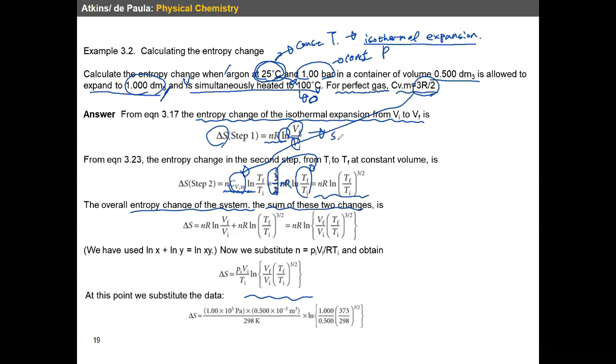This is the change of delta S from Ti to Tf. We can simply add these two things. This is nR ln Vi over Vf, and this is nR ln Ti over Tf with the factor 3/2.